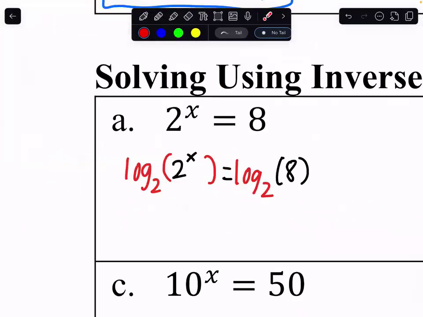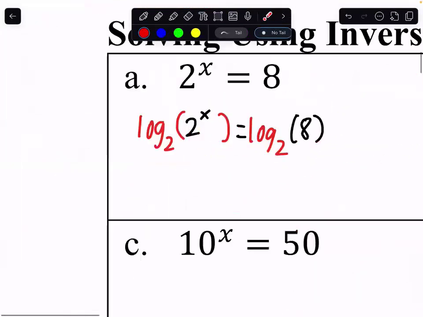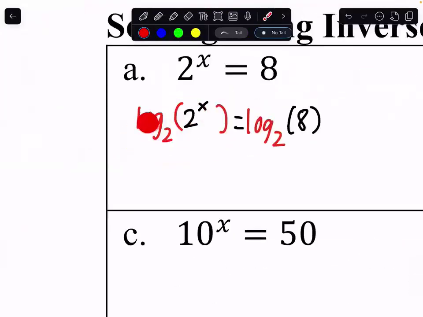So we're going to treat the two sides separately. First, just simplifying the left side. This is what I showed you earlier, that log base 2 of 2 cancels out, leaving the x behind.